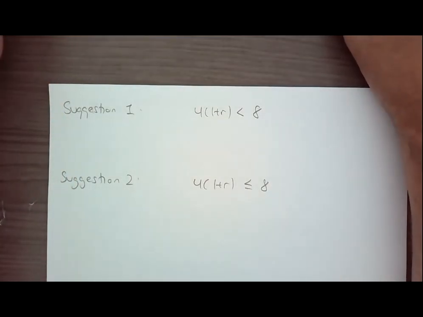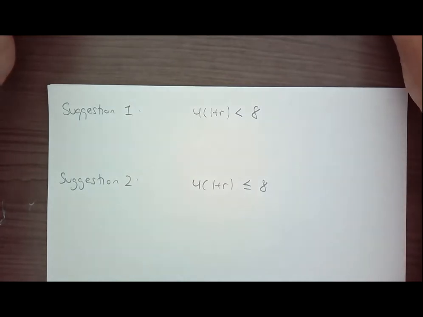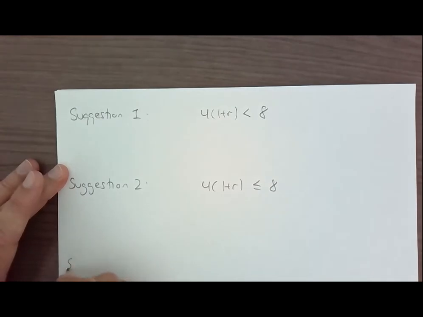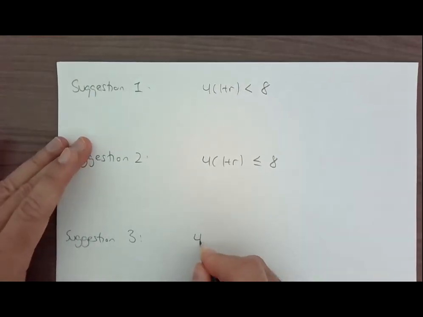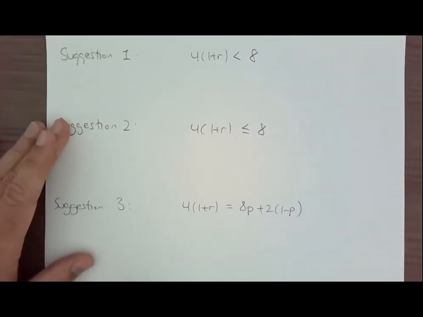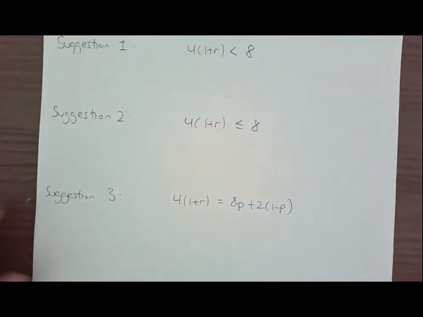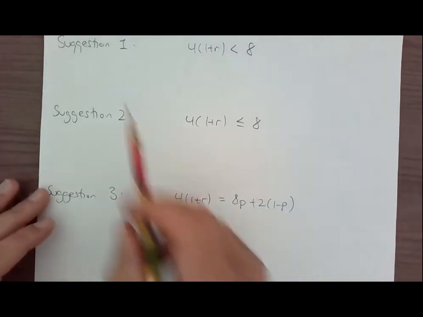What about the lower bound? There was a question in the chat. We want equality. Okay, so suggestion number 3 says that we should have 4 times 1 plus R equals 8p plus 2 times 1 minus p. So that one takes care of both upper and lower. Kenneth, was it you that suggested 1 and 2?